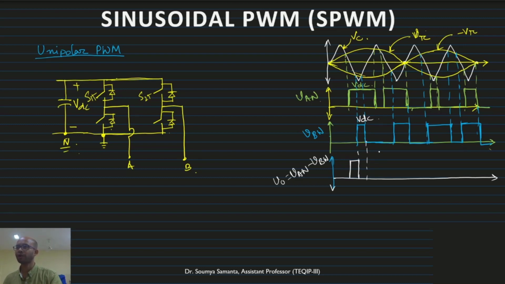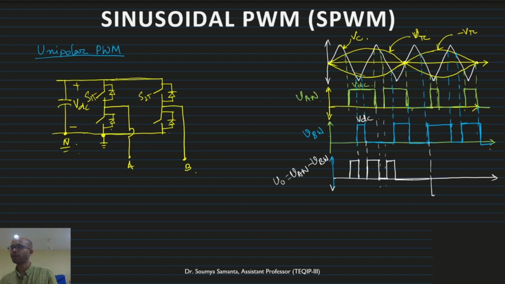So up to this point, this is how. Again this will be 0 here, and it will continue to be 0 up to this point. Now at this point VBN is VDC and in the minus portion, so this will be the minus side.